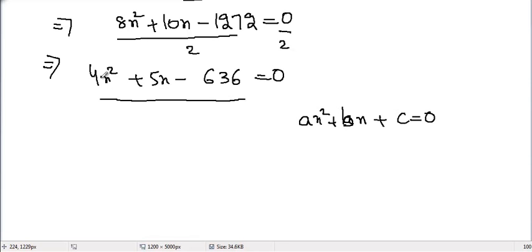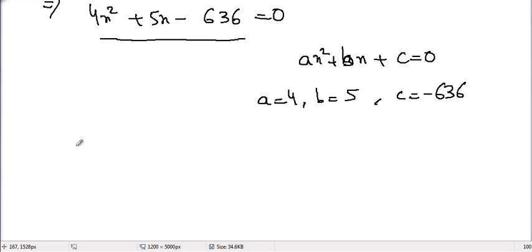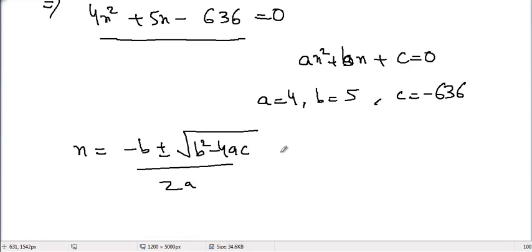We have n here which is unknown, so that's why I have written the quadratic equation in the form of n, so that I can get the values of a, b and c. Now the value of a comes up equal to 4, b is 5 and c is minus 636, and the quadratic formula is n equal to minus b plus minus square root of b square minus 4ac, divided by 2a. I just need to put the values of a, b and c.